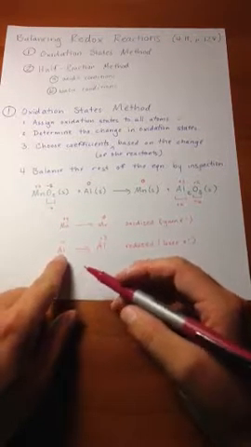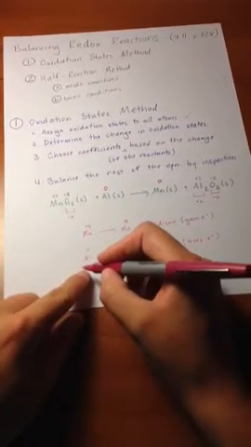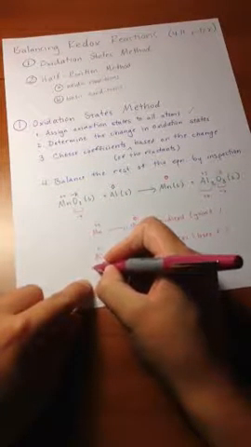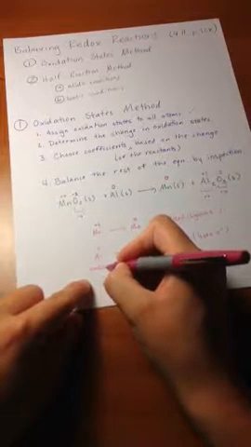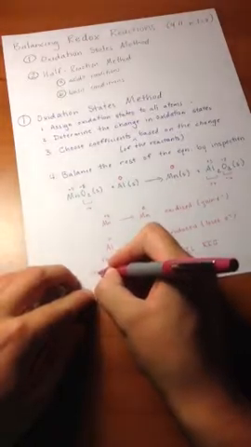And so while the aluminum is being reduced, its name is going to be the oxidant. Or you may see it also called the oxidizing agent.